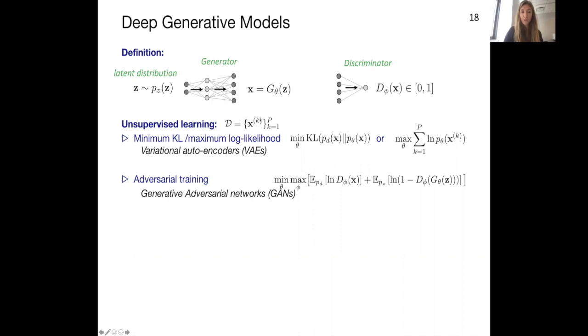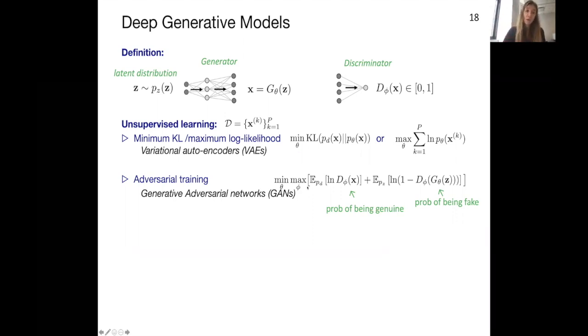So it works in the following way, the loss. You are computing the expected log of the probabilities that the discriminator is recognizing a genuine sample as genuine, plus the expected log of the probabilities that the discriminator is recognizing a fake sample as fake.